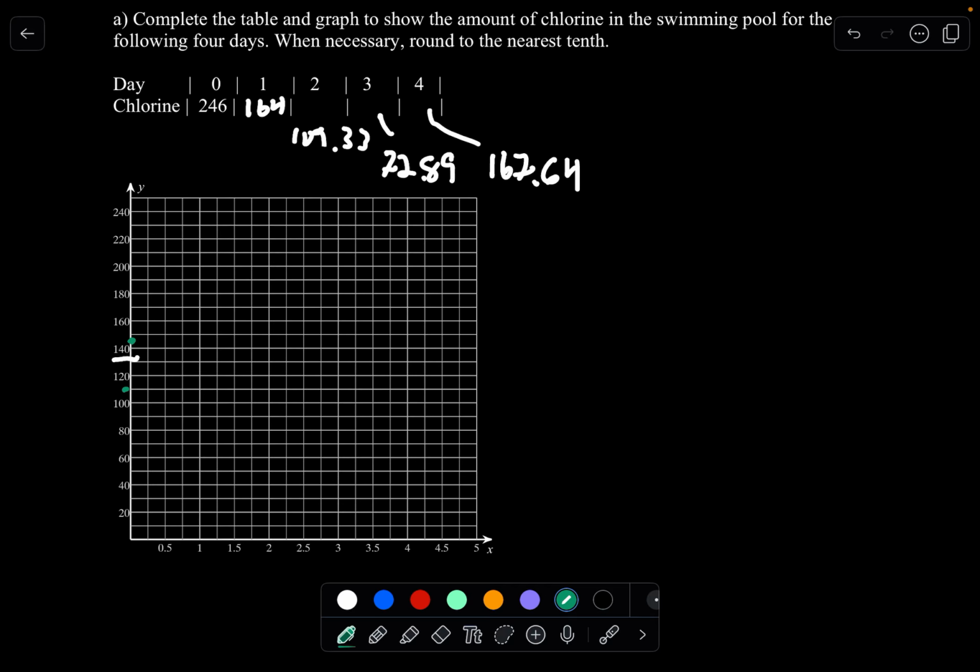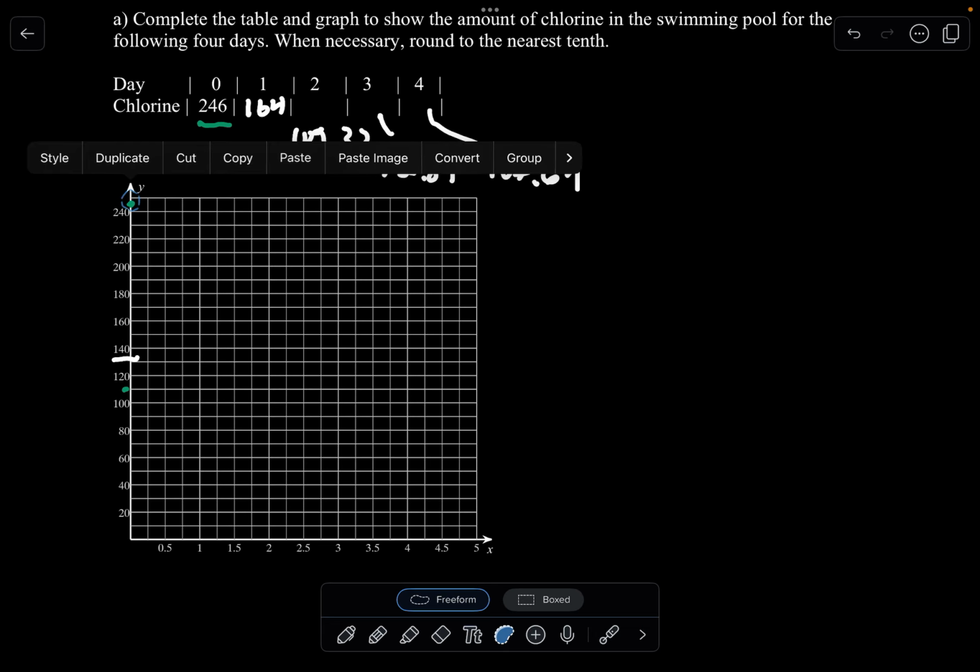Between, I'm sorry, there's 100, 120. I am way off. I'm at 146 and the 0 point's 246, so my bad. Move this pathetic dot all the way up in there.